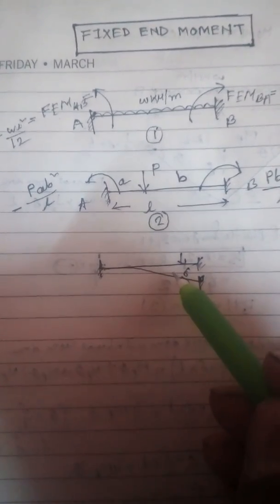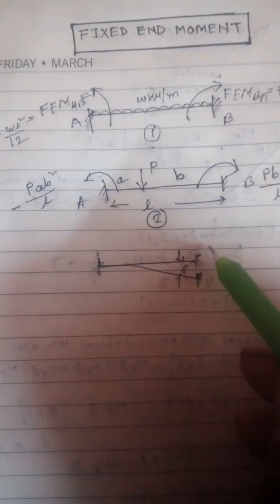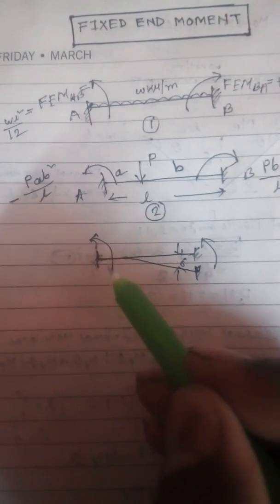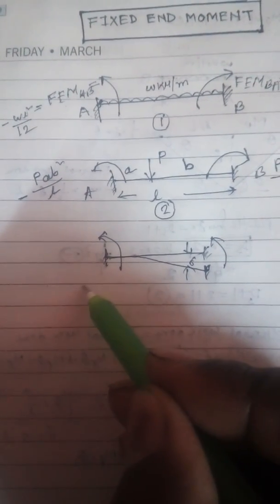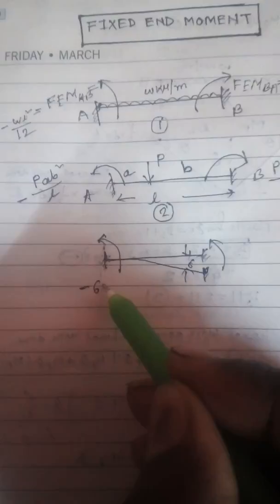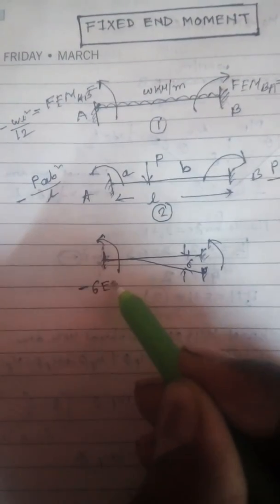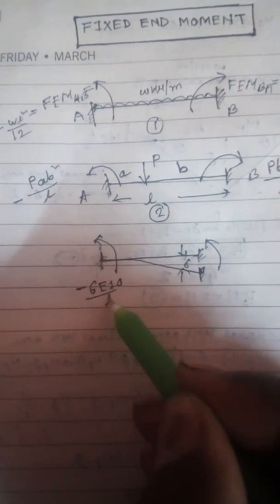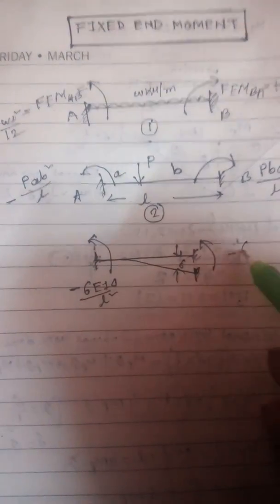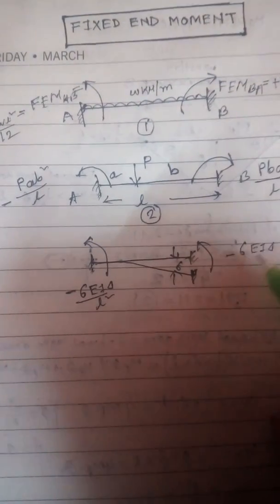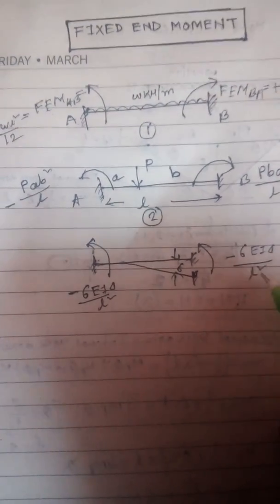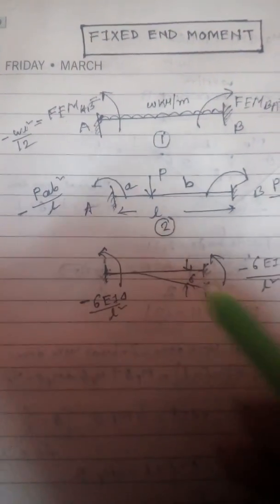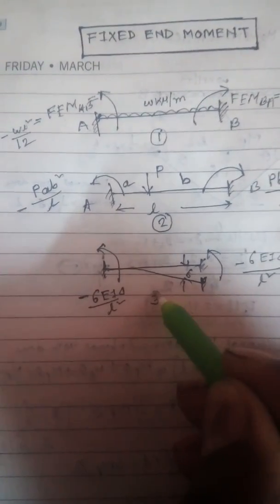It will produce an anti-clockwise moment here and also an anti-clockwise moment here, and the fixed end moment will be minus 6 EI delta by L square at each end. These two are negative because they are anti-clockwise moments. This is case 3.